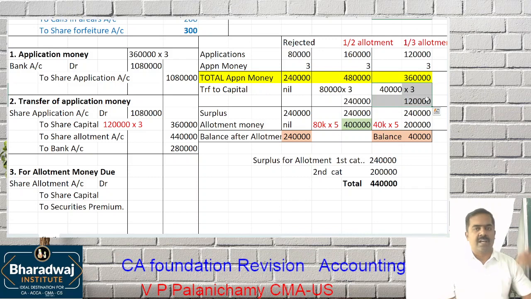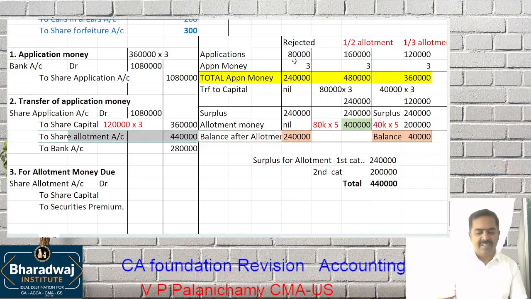How much application money have we transferred to capital? You have paid 3,60,000. 1,20,000 is application money transferred to capital. How much balance is there? 2,40,000 surplus. In that surplus, how much allotment money is due? Only 2 lakhs. So I can use only 2 lakhs. The remaining 40,000 of this 2,40,000 should be rejected. Many students have directly put 2,40,000 in the rejected balance, or put 4,80,000.